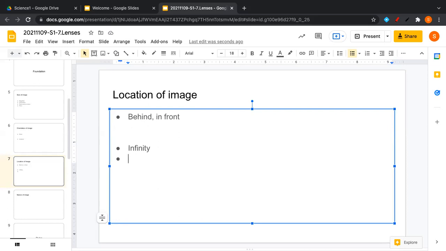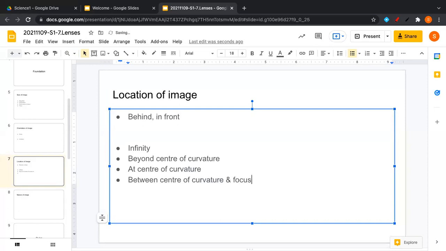we say beyond center of curvature. We also say at center of curvature. Then we say between center of curvature and focus. Then we have at focus. Then we have between focus and mirror.